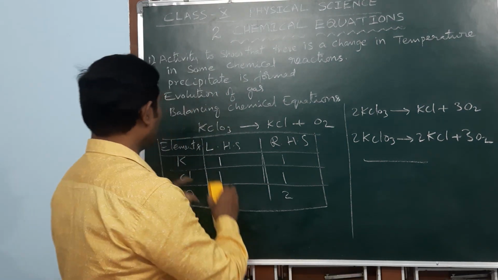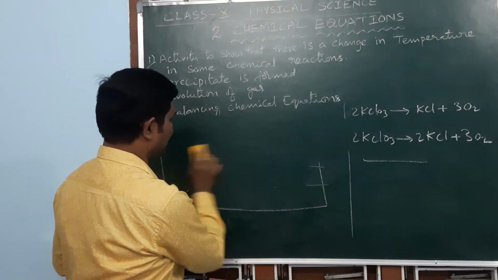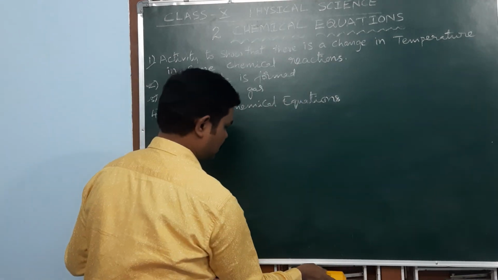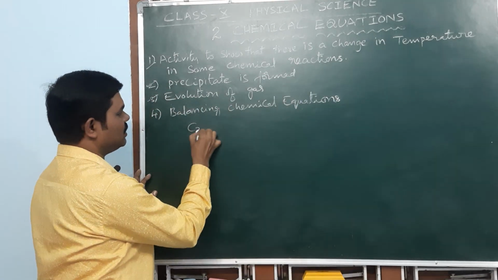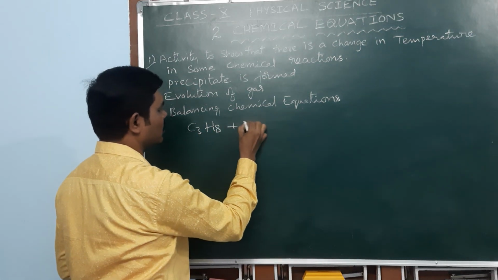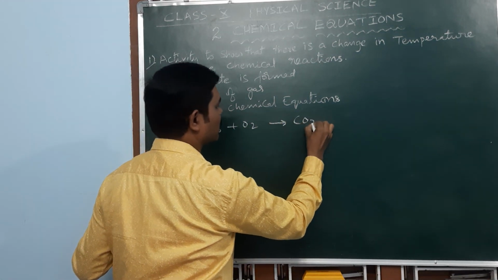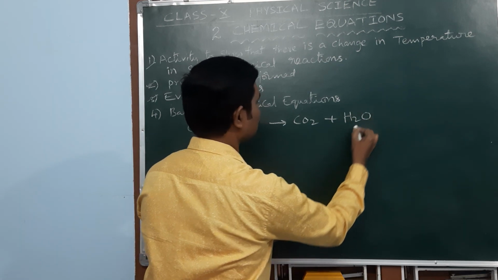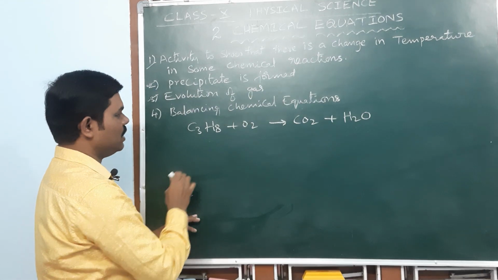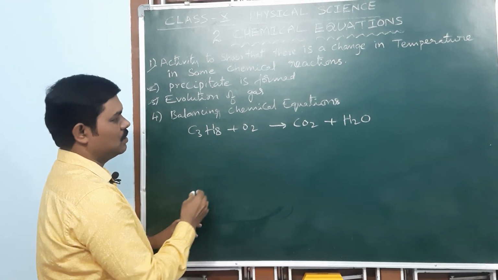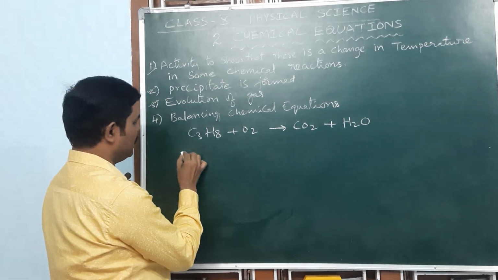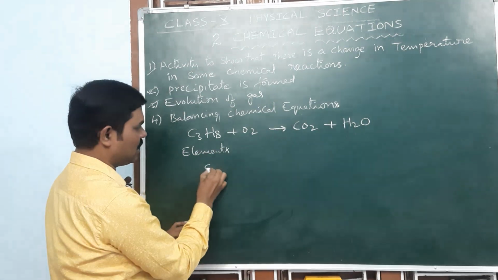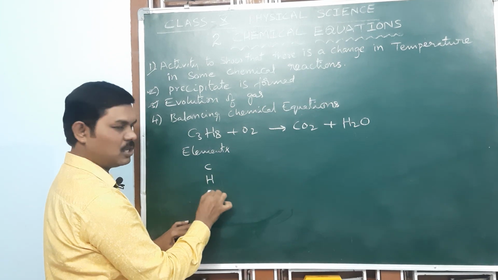Let us see one more chemical equation, how to balance it. C3H8 plus O2 gives rise to CO2 plus H2O. Let us see the total number of elements. What are the elements? Carbon, hydrogen, oxygen.